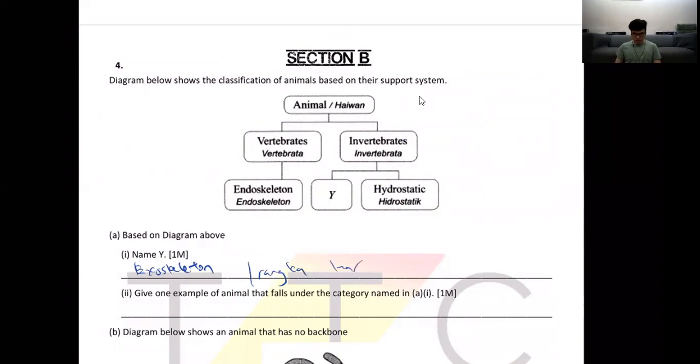So give one example of an animal that falls under the category named in A1. So who is exoskeleton? You have your spider. Okay, you can even say whatever insect lah. You want to say beetle also can. Okay, any insects will do. Grasshopper, they're all exoskeleton.